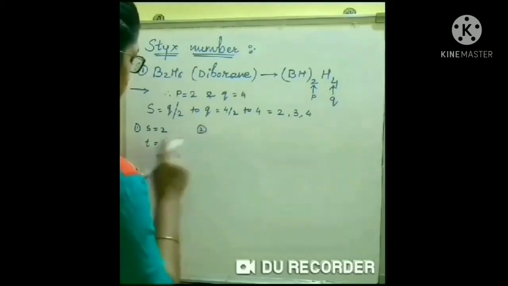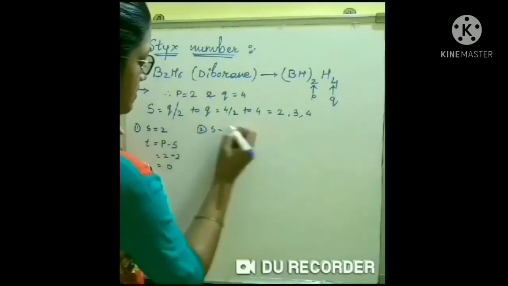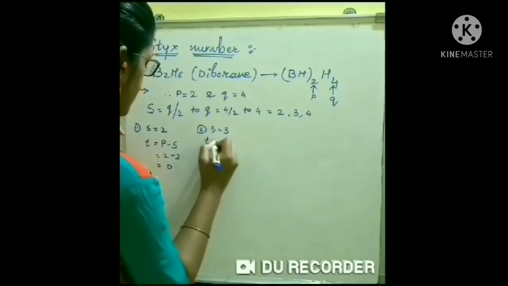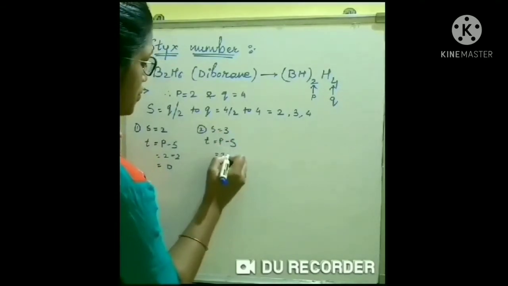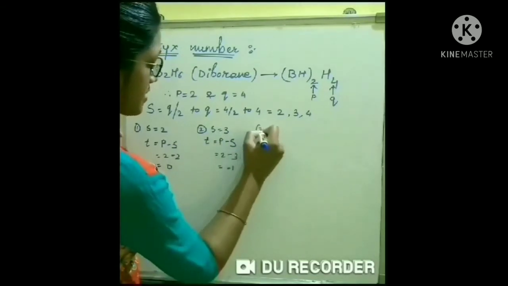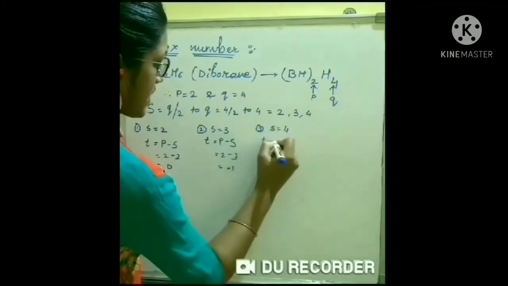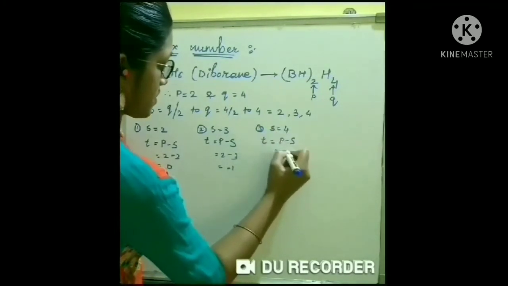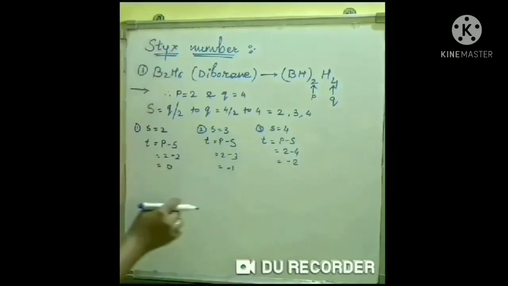Then second, the value of S will be 3. Therefore the value of T, P minus S, is 2 minus 3, that is minus 1. And then third, S is equal to 4, so the value of T will be 2 minus 4, which is minus 2.